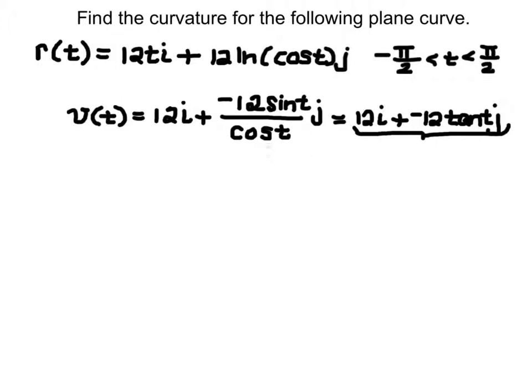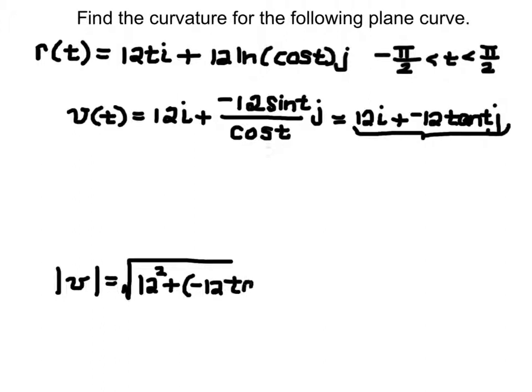So now we want to find the magnitude of the velocity, which is the square root of 12 squared plus negative 12 tangent t, squared.